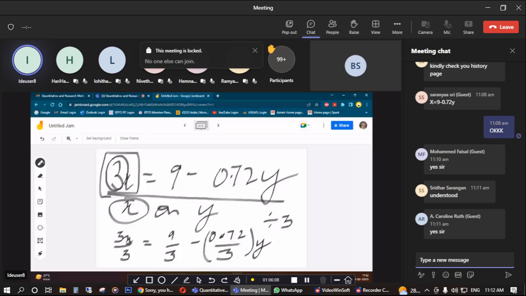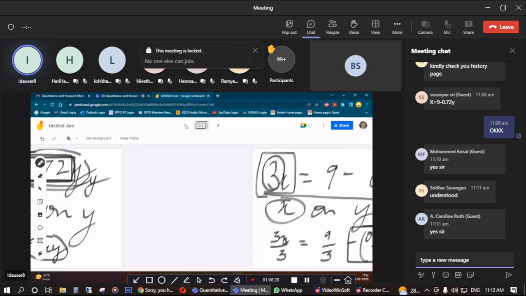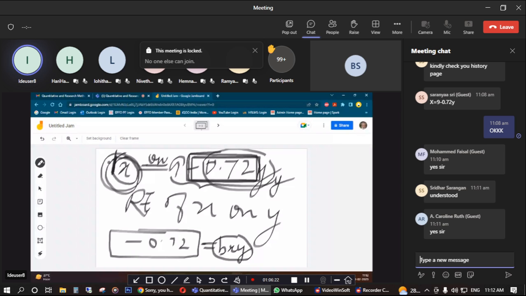So what will be your bxy that time? Bxy will be minus 0.72 divided by 3. ஆனா இந்த ப்ராப்ளம்ல வந்து வெறும் x இருக்கு. ஓகே, வெறும் x இருக்கிறதுனால anything divided by 1 will be the same thing, minus 0.72. That will be your bxy.